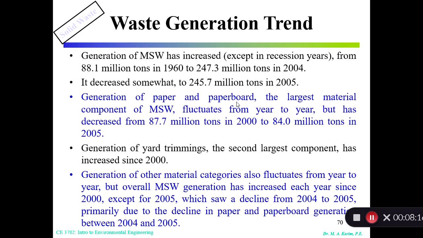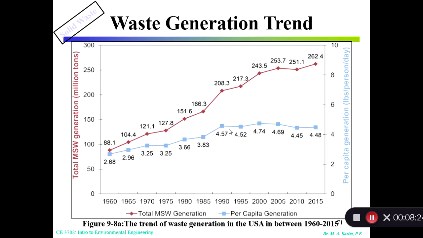So here I'm explaining a little bit of the trend, meaning how it's increasing and decreasing. Probably it is better to show in terms of the curve. I think I have the curve over here. This curve gives us the generation rate from 1960 to 2015 in million tons per year, right? For 2015 it was 262.4 million tons.